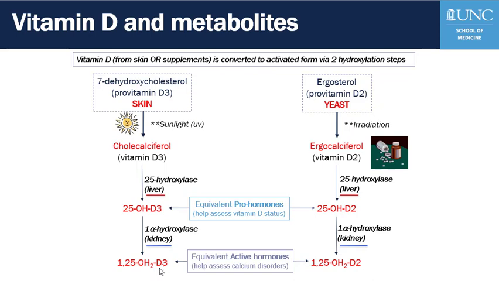So recall that this step is driven or stimulated by parathyroid hormone. Then this right side just shows the equivalent of steps that occur when provitamin D2 or ergosterol in yeast is converted to vitamin D2, the activated form.